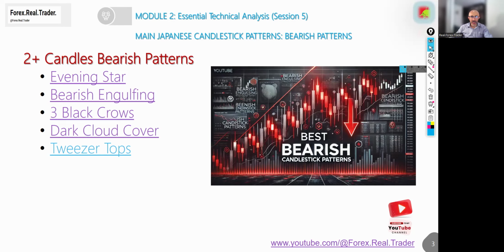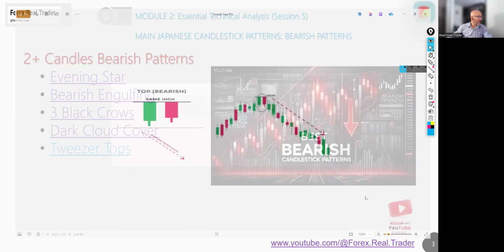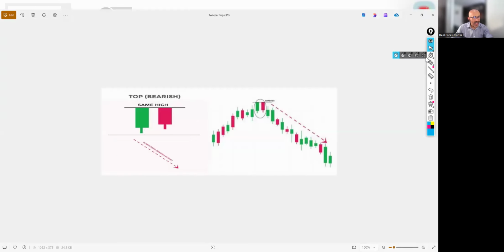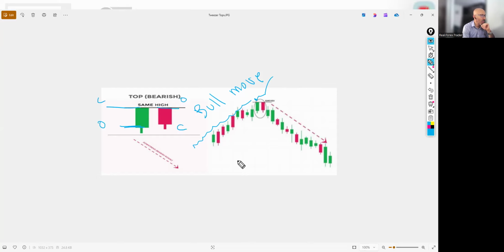Let's see the picture in here. How we can understand this one. You can observe that there is a bull move, right? And the last candle, the bull candle here, remember that the bull candles open low, right, and close high. And the bear candles open high and close low.